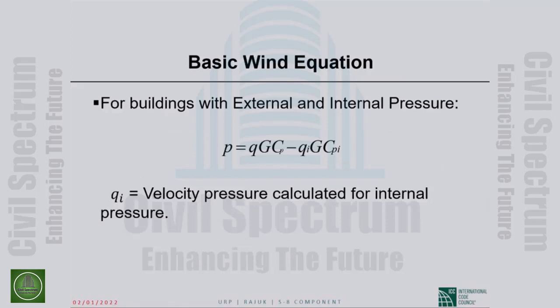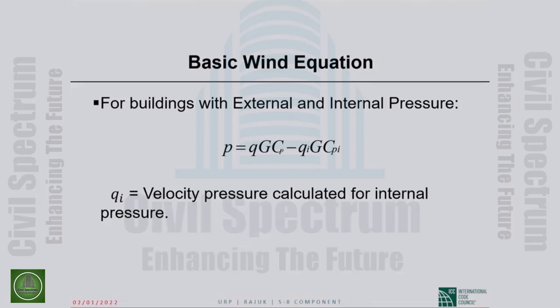Okay. So for buildings with external and internal pressure, the pressure due to wind P is qGC_p, the external pressure term that we have seen, minus internal pressure q_i(GC_pi). q_i is velocity pressure calculated for internal pressure.